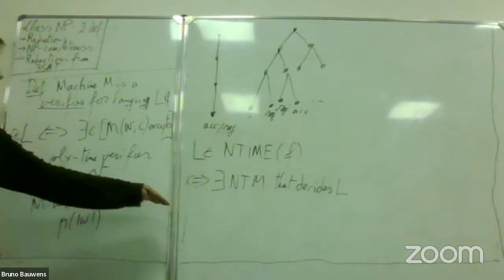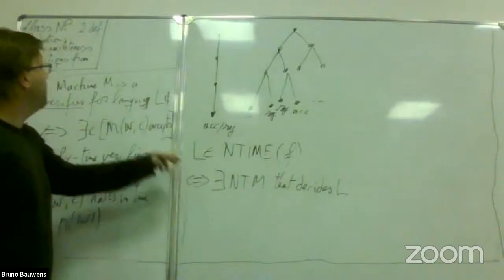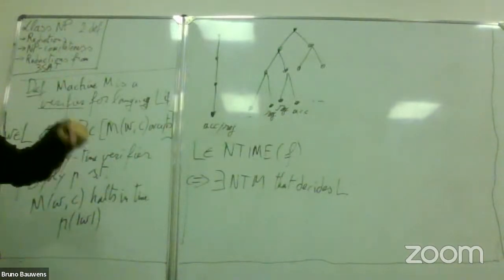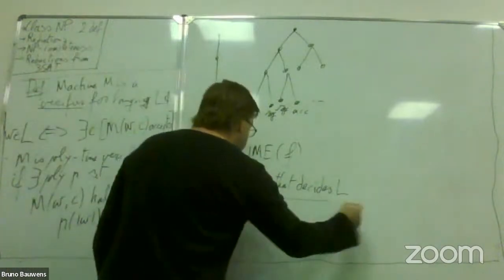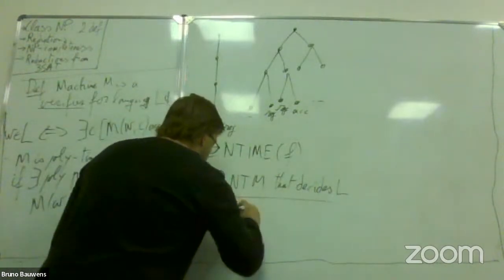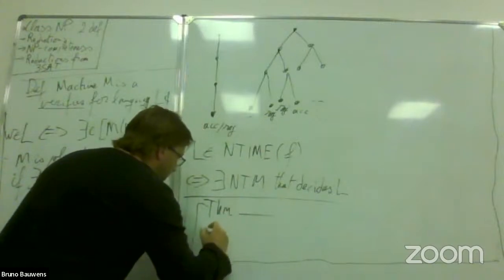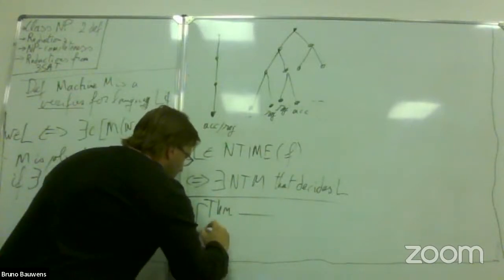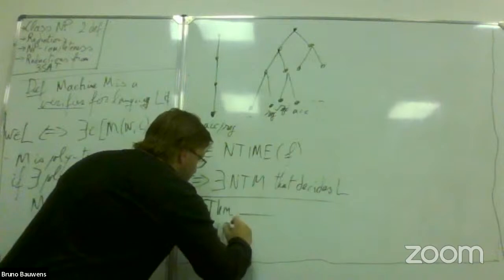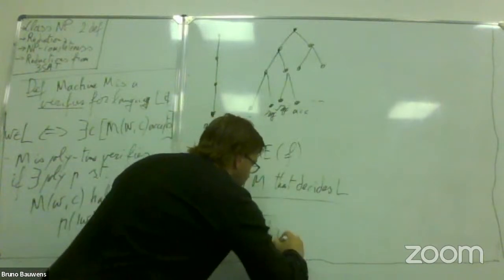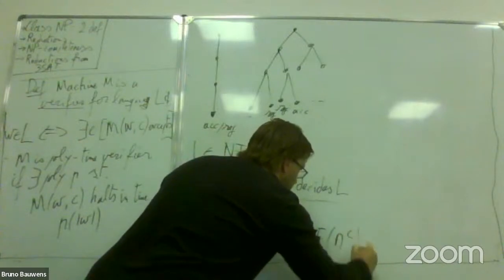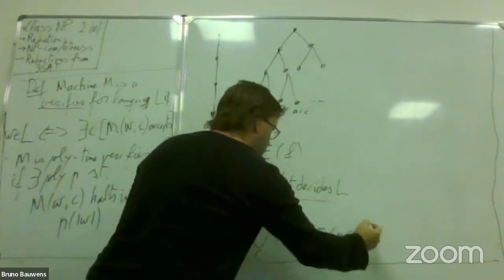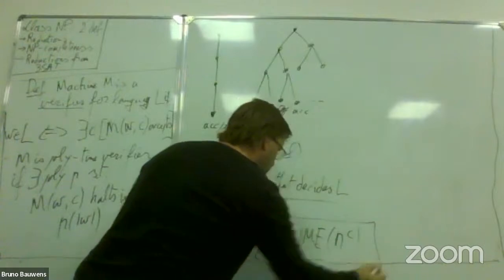This definition is the reason why we use the name NP, non-deterministic polynomial time. So there is our theorem that says that NP is equal to the union over c of N time of n to the power c.